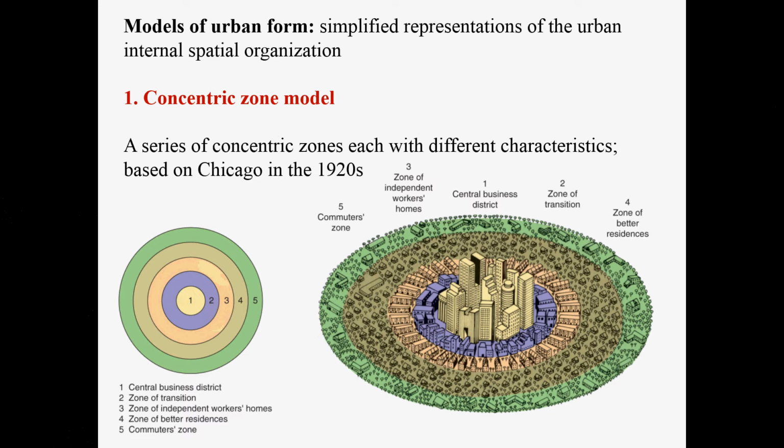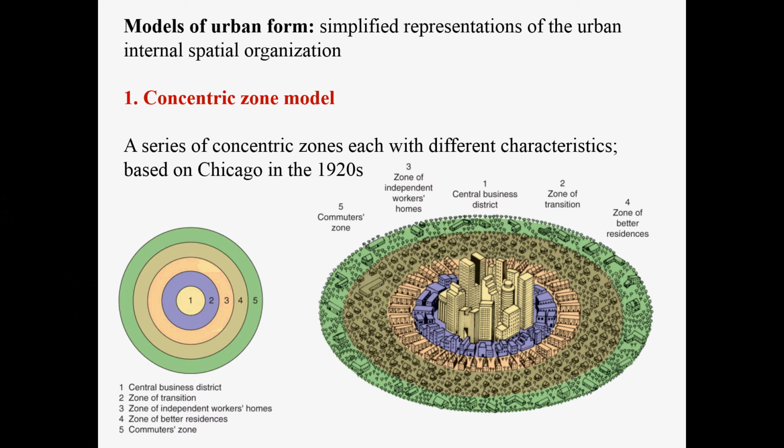Poor workers basically live close to the central city, and then you have the third zone of independent workers' homes. Then you have the better home zone for better residence. The commuters zone refers to those really rich people who can afford to commute between their suburban homes and their jobs in the central city.